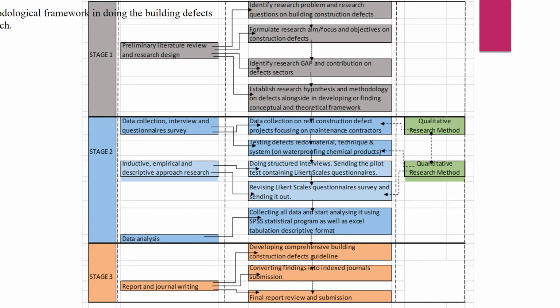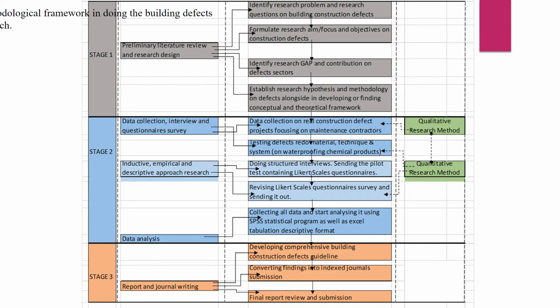The framework has three stages. The first stage is the preliminary stage, which is the literature research. The second stage, in blue, is the data collection, the interviews, which is the qualitative method, and then the quantitative method, and the third stage is the report writing.